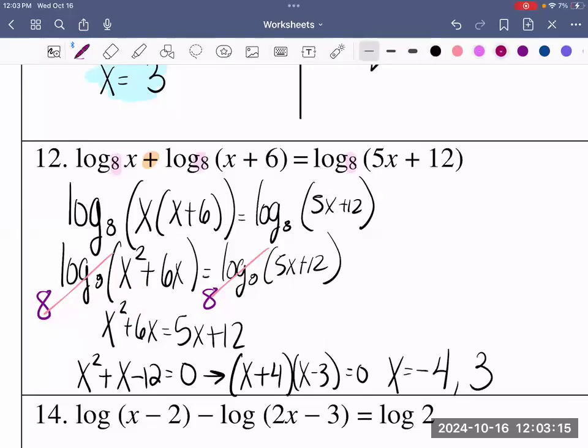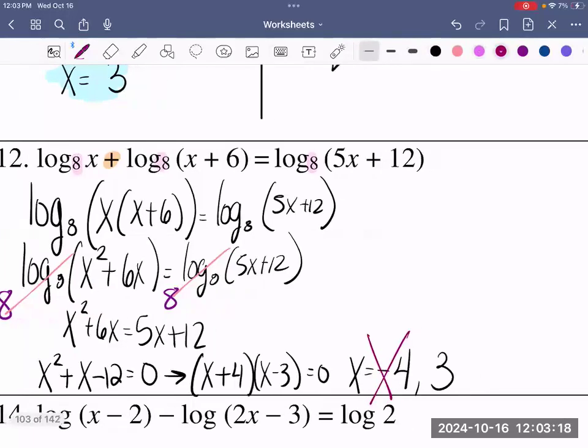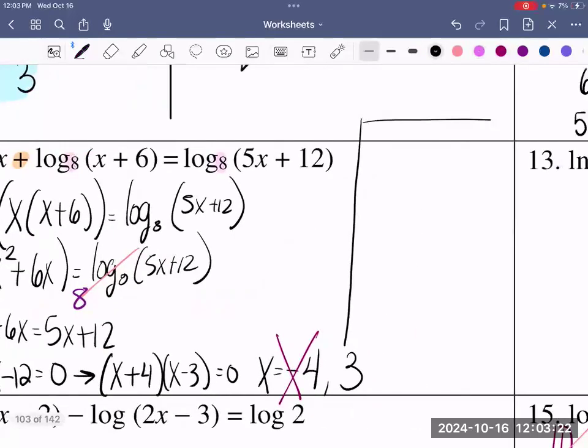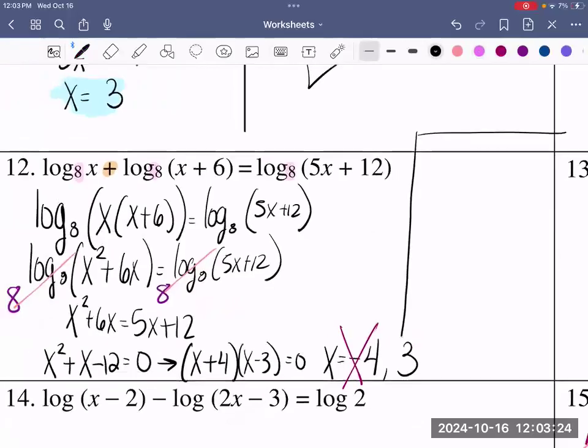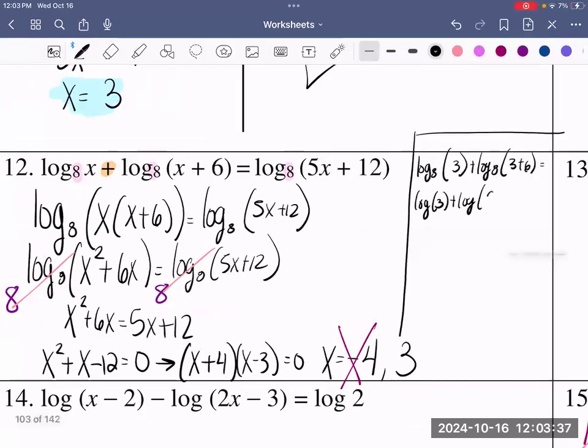Now, if we have a negative response, this is when we're going to cancel it out and then just double check your positive response by plugging it all the way back into the original. So we have log base 8 of 3 plus log base 8 of 3 plus 6. So we got log 3 plus log 9.